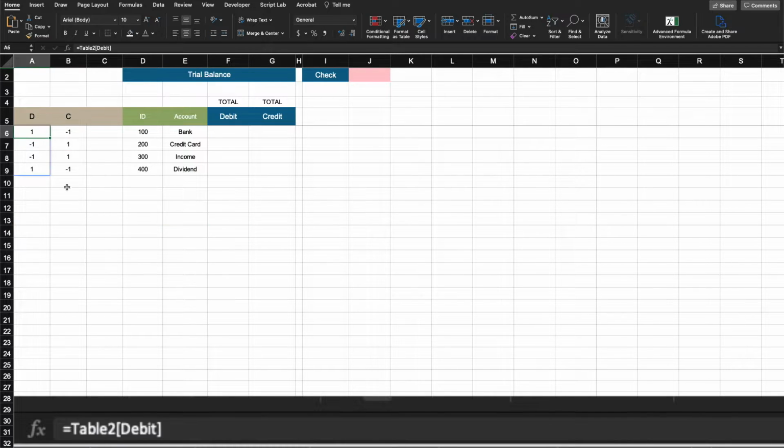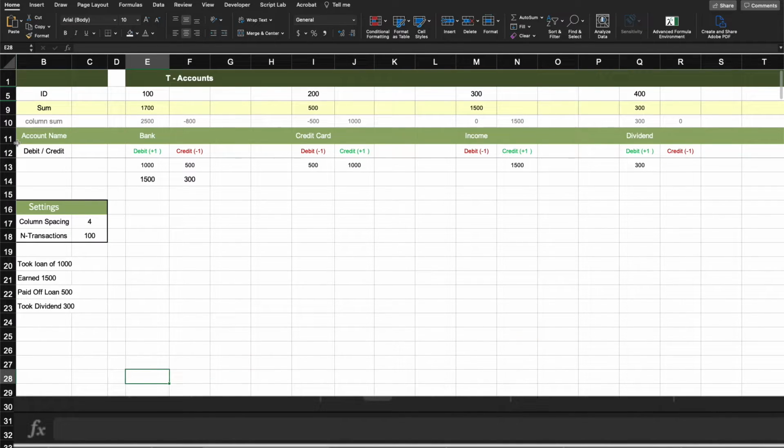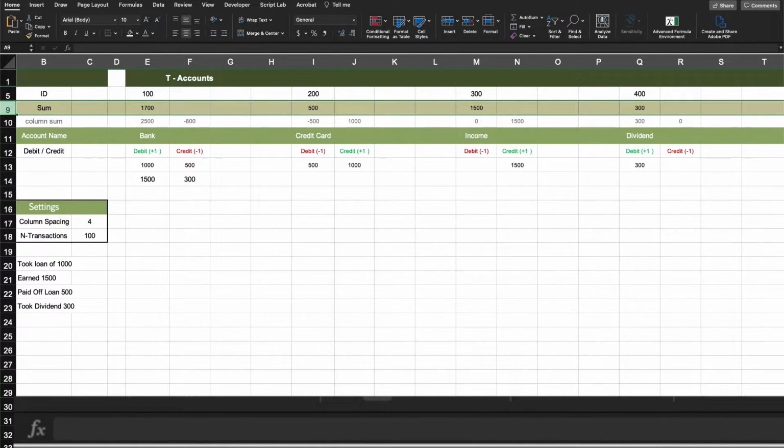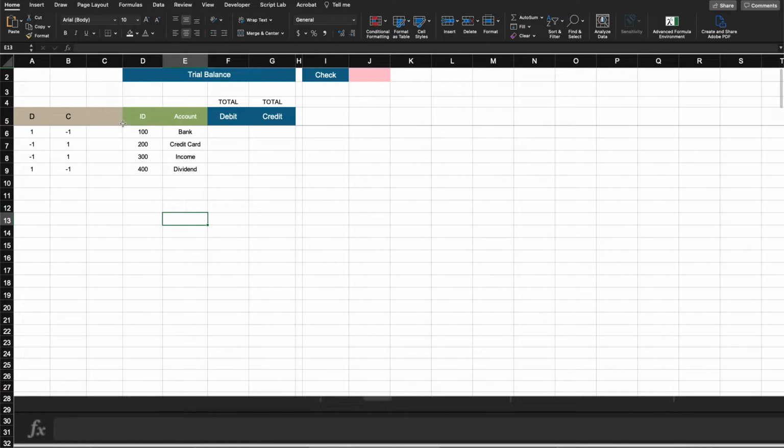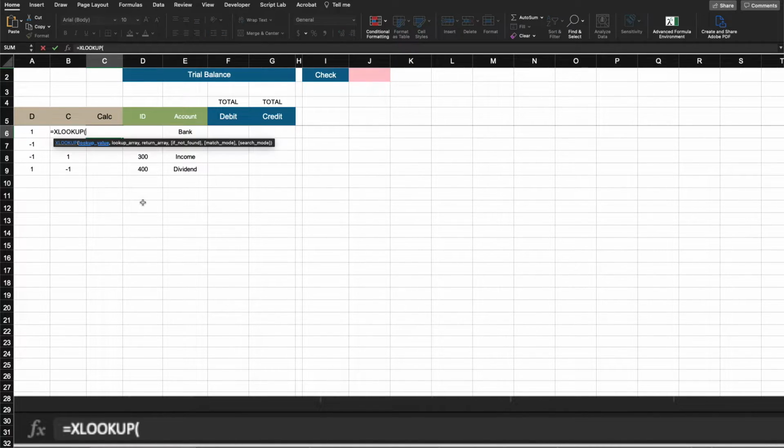Okay, and now what we want to do is get our totals out from our T account, which is this row, and we will temporarily put it in this column, and let's just call it a calc, because we have to determine which column the sum goes to for our trial balance. So this one is simply XLOOKUP. What are we looking up? We are looking up D6.